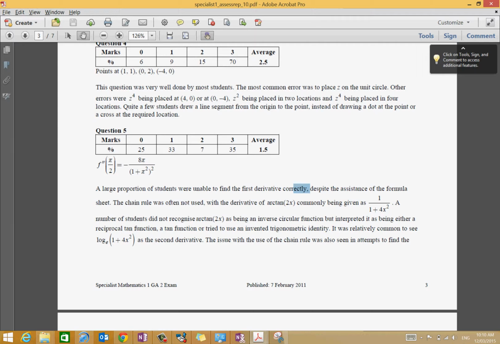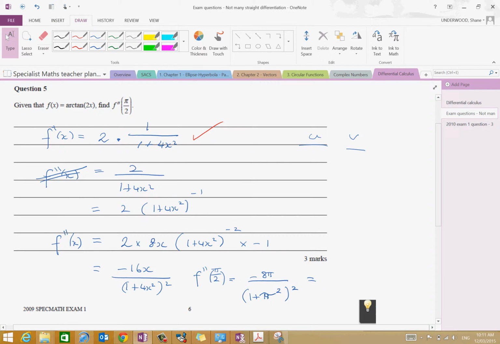A number of students didn't recognise arctan of 2x as being an inverse circular function, but interpreted it as being a reciprocal function, all sorts of things. Look how poorly that's done, not many students even got 2 marks. They either knew what they were doing or they didn't. Okay, now that was a straight differential calculus question.